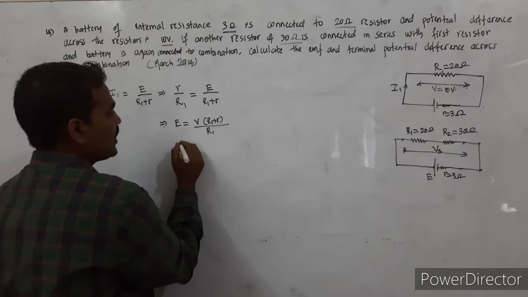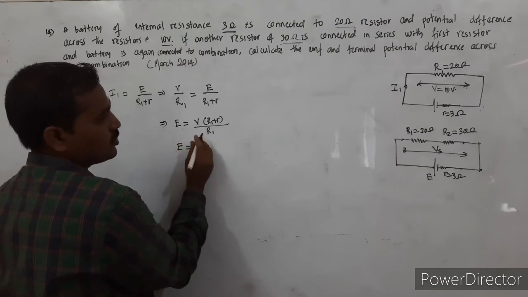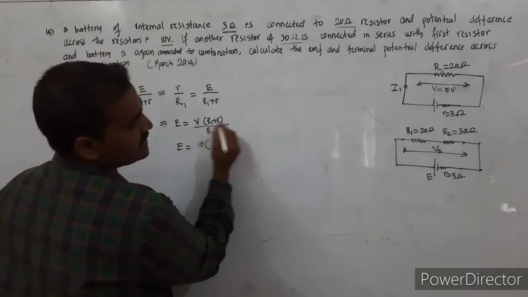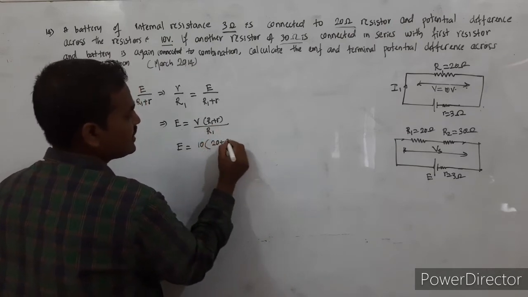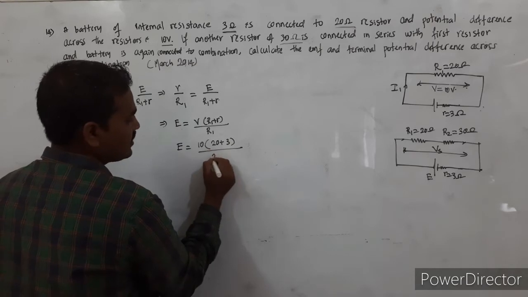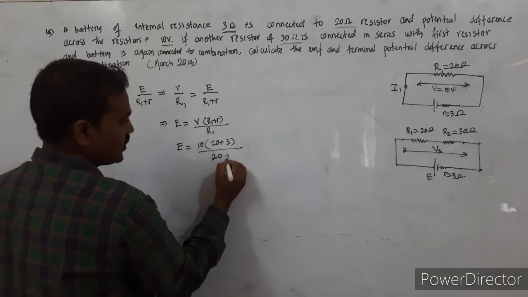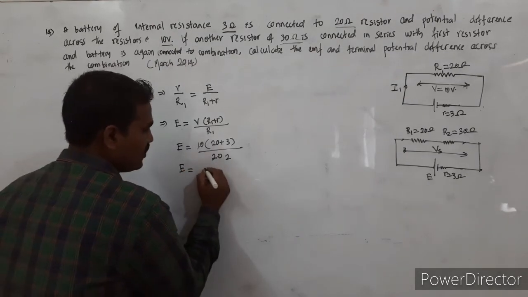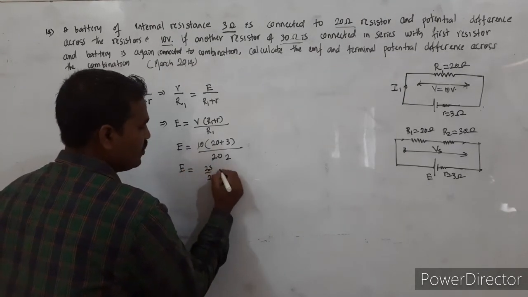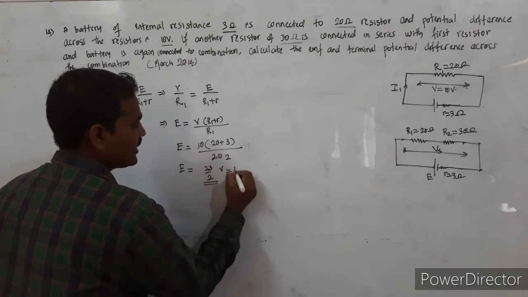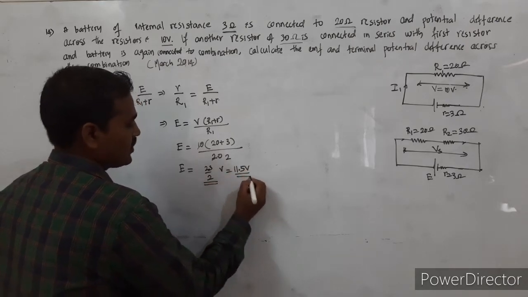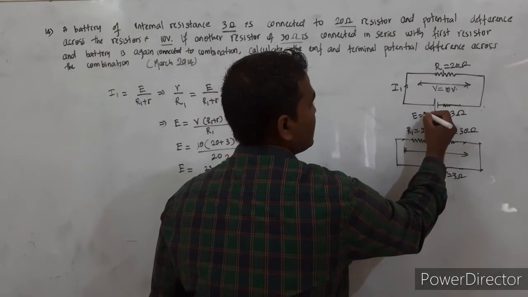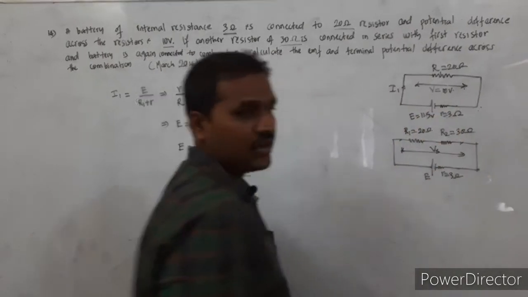Substituting the values I can write E is equal to V is 10 volt, into the resistance 20 ohm plus internal resistance 3 ohm here, divided by R1 which is 20. So this I can write as 2 here. Yes, so E is equal to 23 divided by 2 volts, or I can write it as 11.5 volt. This is the EMF of the cell. So capital E is equal to 11.5 volt.